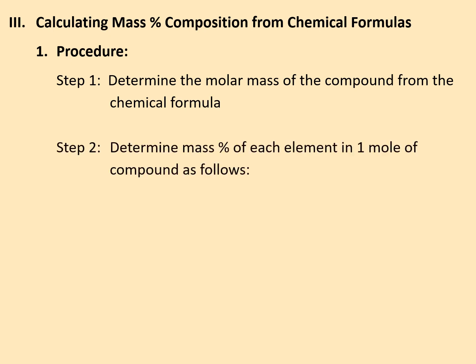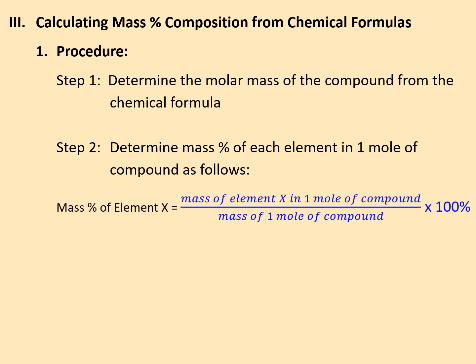Once that's done, you can determine the mass percent of each element in 1 mole of the compound as follows. The mass percent of a given element, let's say X, would simply be the mass of element X in 1 mole of the compound, which can be determined from the periodic table, divided by the mass of 1 mole of the compound, which is simply the molar mass, which you figured out in step 1.